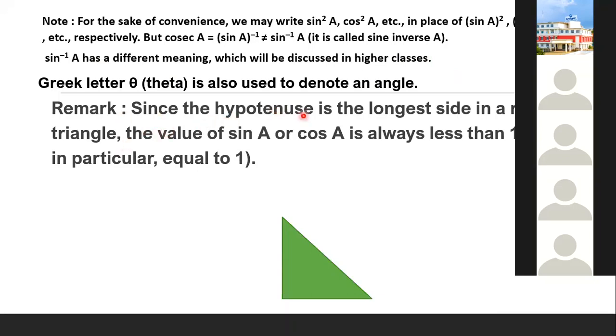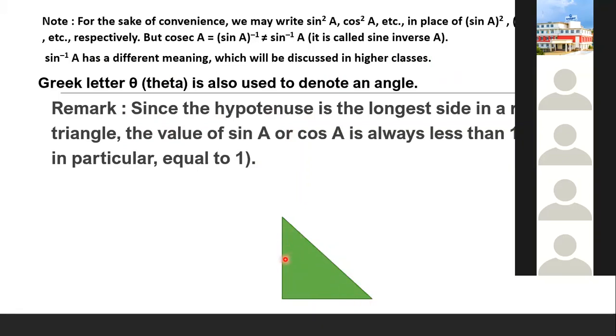Since the hypotenuse, we know that in a right angle triangle, the hypotenuse is the longest side. The side opposite the right angle is called the hypotenuse, and among the three angles, the right angle has the maximum measurement, and the remaining two angles are acute angles.